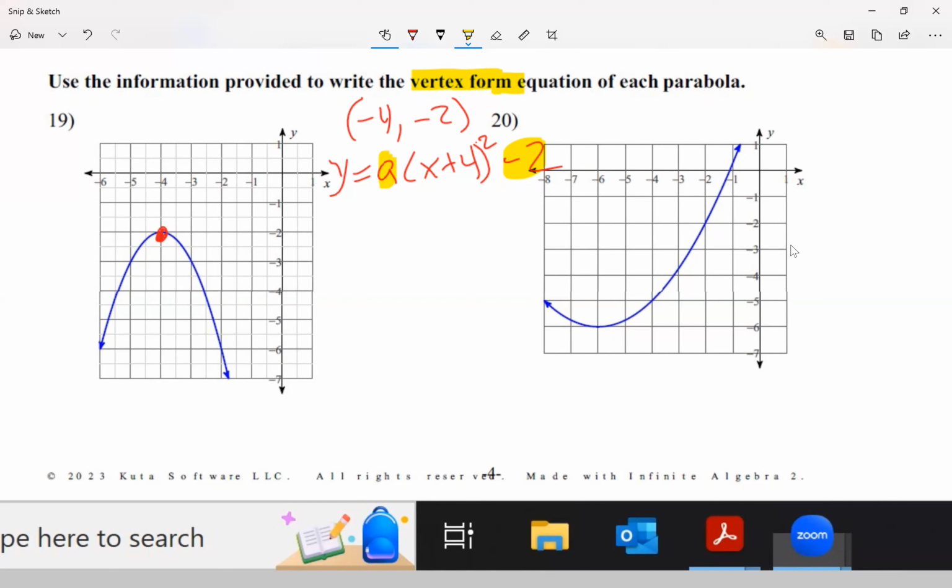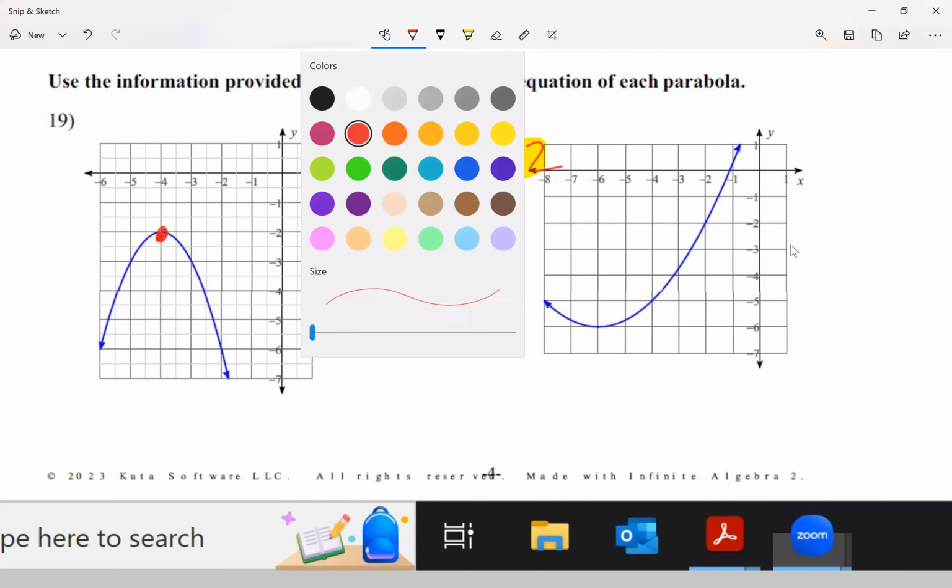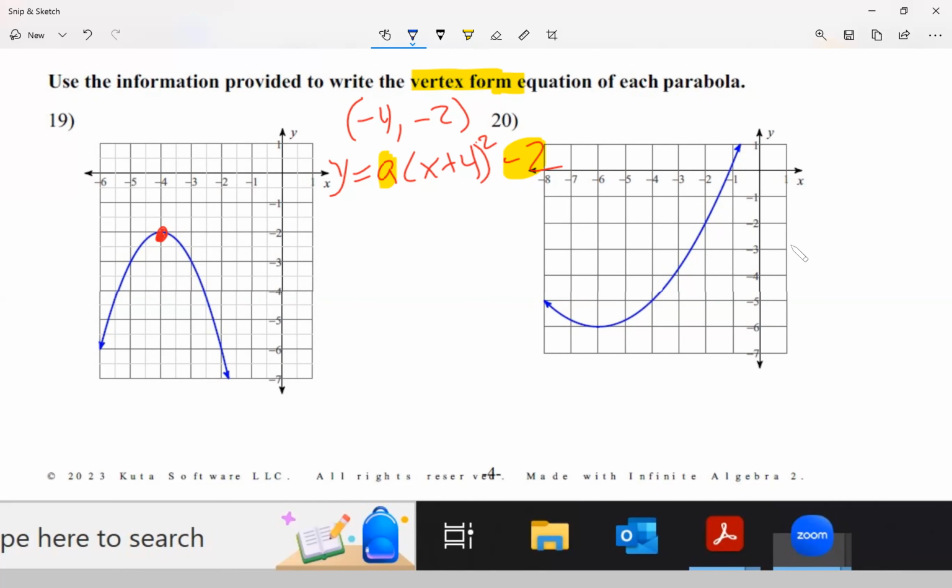Now, for me to find the aperture, because I need to find the a value to finish this, let me find a point that is on my graph, but not the vertex. Let me find a random point. Let's take a look at (-2, -6).